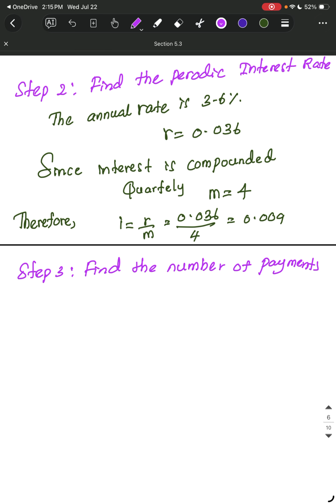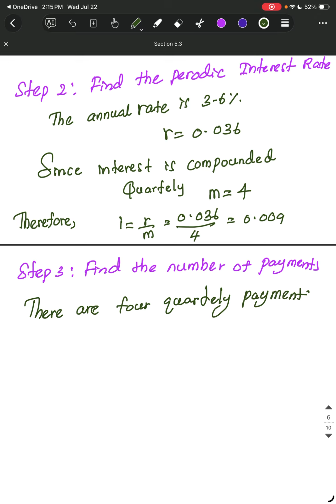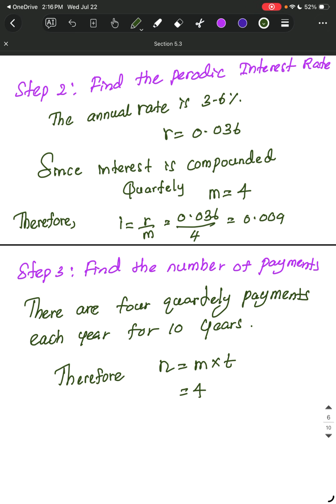That means there are 4 quarterly payments each year for 10 years. Therefore, n equals m times t, 4 times 10, which is 40. Okay, now we have all the details.